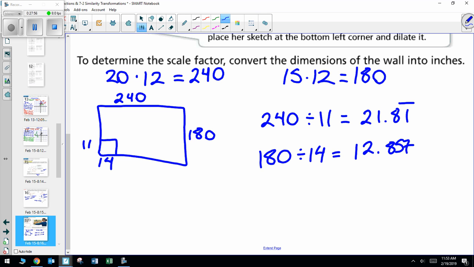No. It's not going to fit evenly either. So yeah, how would I phrase it? I would say her painting would not scale to fit the wall.